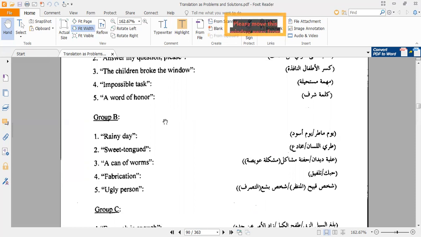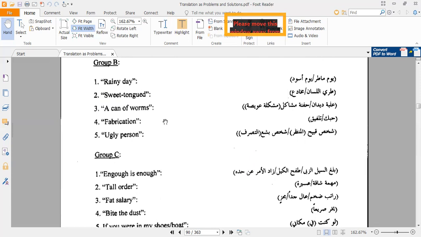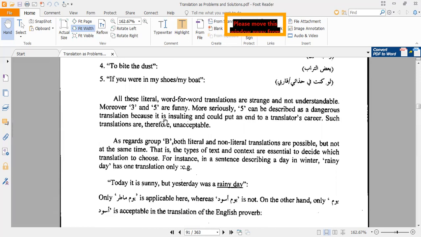One of them is semantic while the other one is communicative, literal versus sense for sense translation. أما جروب سي اللي هو آخر جروب فقط بيشمل على جمل بيلزمها استخدام استراتيجية واحدة اللي هي sense for sense translation.